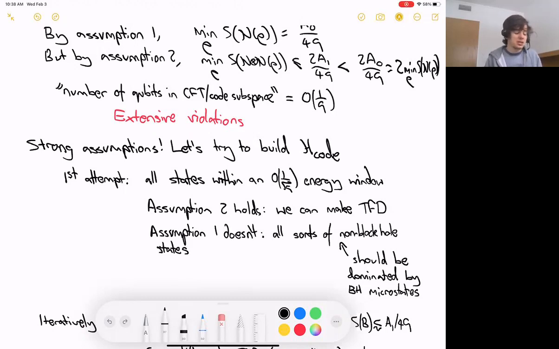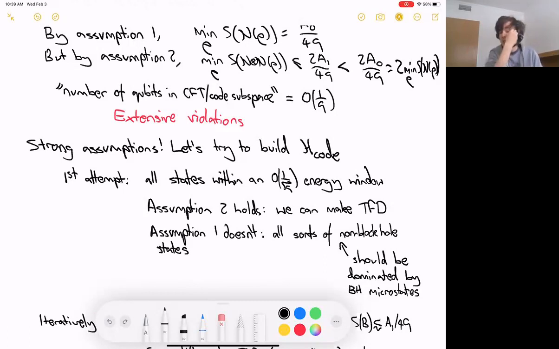Okay, so it seems like we've got assumption 2 nailed down, but it's also pretty clear that this code subspace will not obey assumption 1. Assumption 1, remember, was that every state in this code subspace looks like a typical black hole microstate. But if we just have all states in some wide energy window, that's going to include all sorts of non-black hole states.